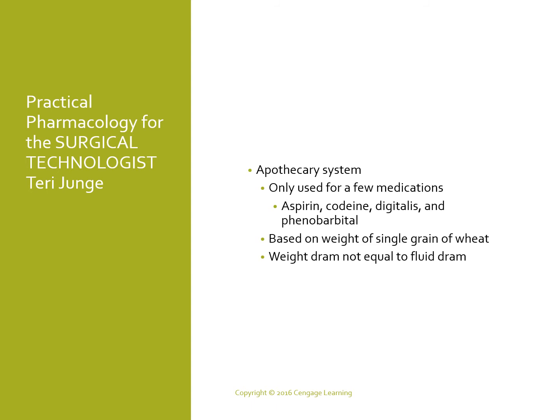But it wasn't very consistent when we're talking about grains, scruples, drams, and so on and so forth. And so they decided that they needed a more precise way of measuring, and then the metric system was born.